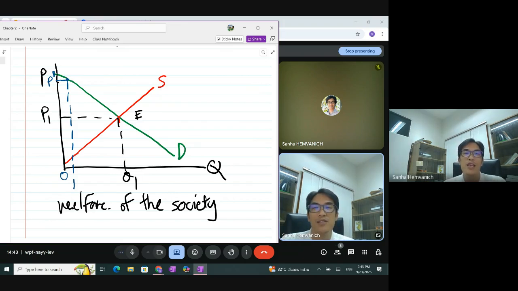Okay, so if people are willing to pay that much for just one piece of good, it represents your willingness to pay, and if you're going to pay, it means that it has to give you some happiness, right? Or in economics we call it utility.